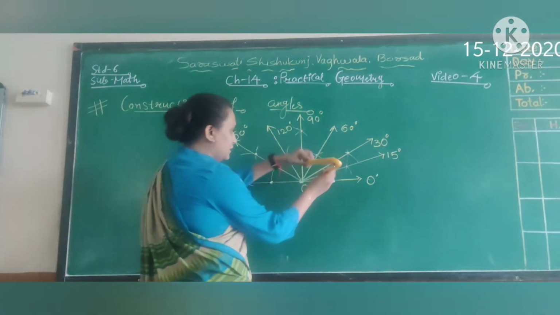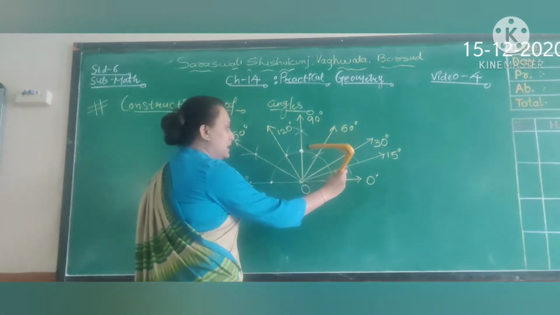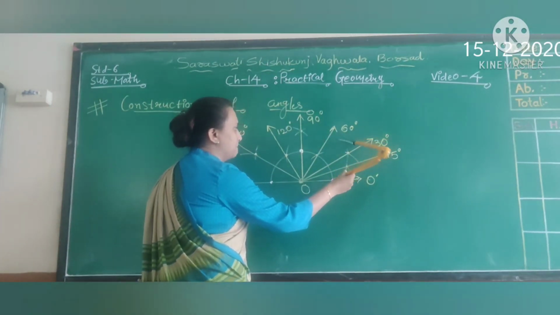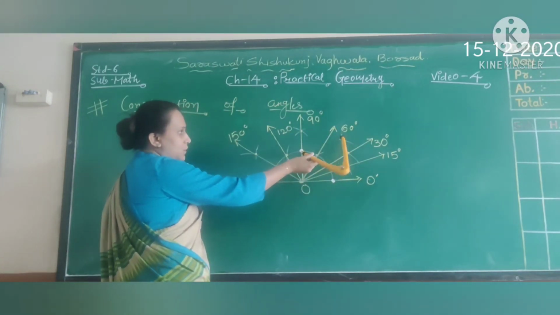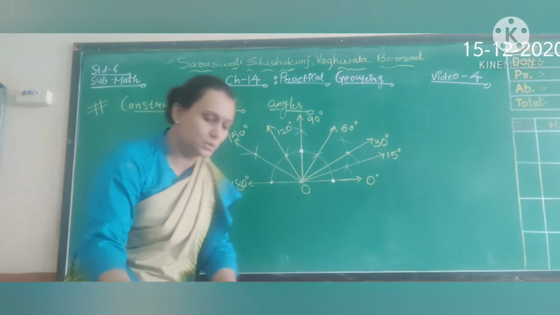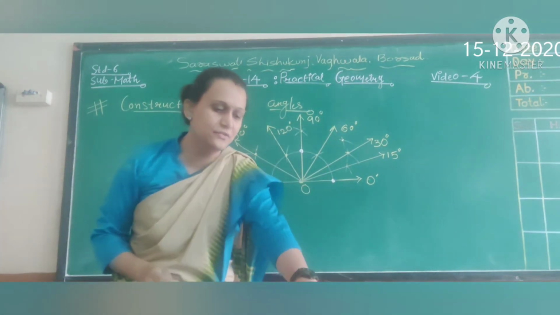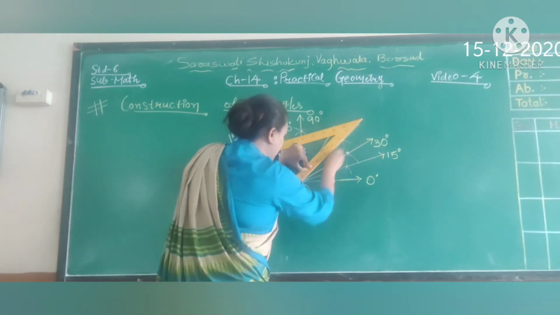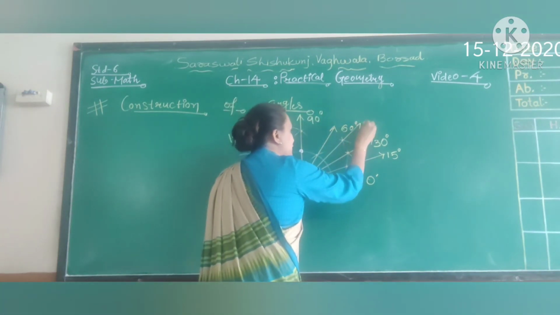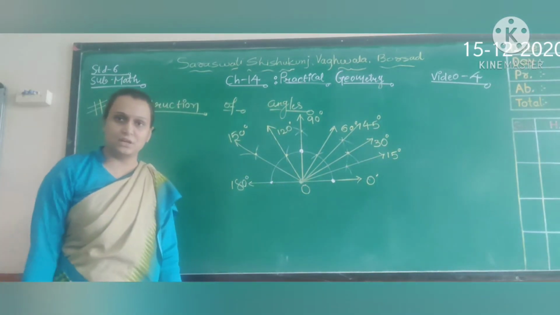Now from 0 and from 90 degree, if you draw an arc, you can find that this is your 45 degree. Now let us join it with center O.